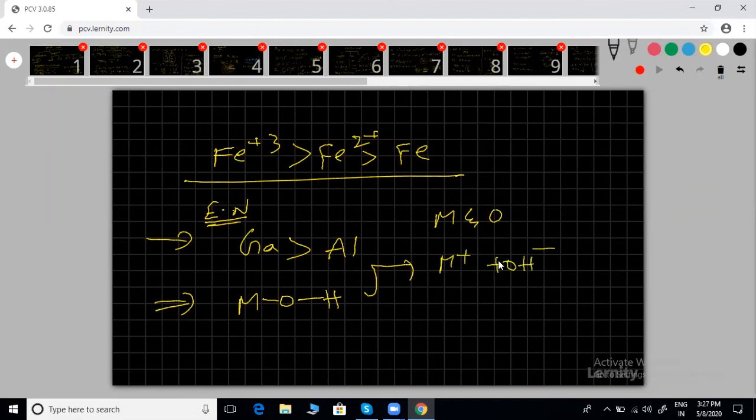This is basic character. If the O and H electronegativity difference is more, I can get MO- plus H+. This is acidic character. Wherever the difference is more, that bond is going to break easily. That will decide whether it is acidic or basic.